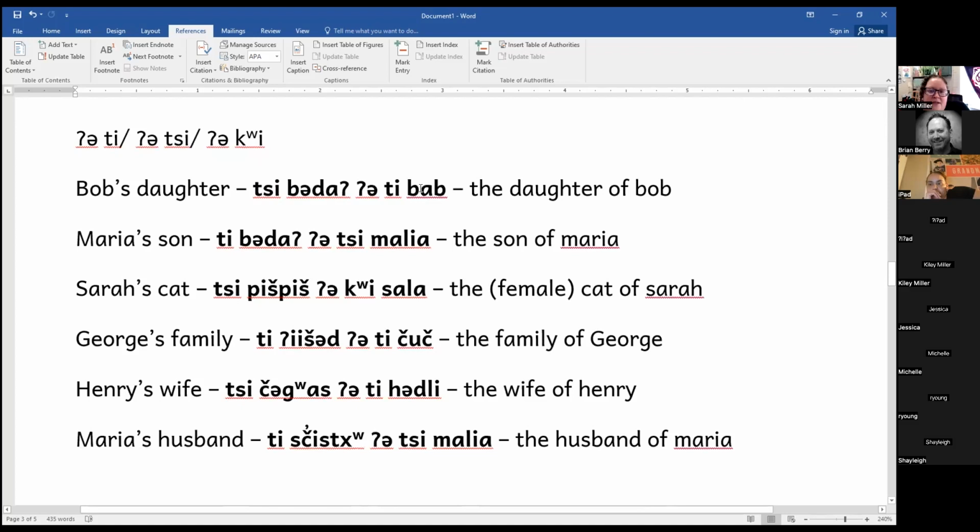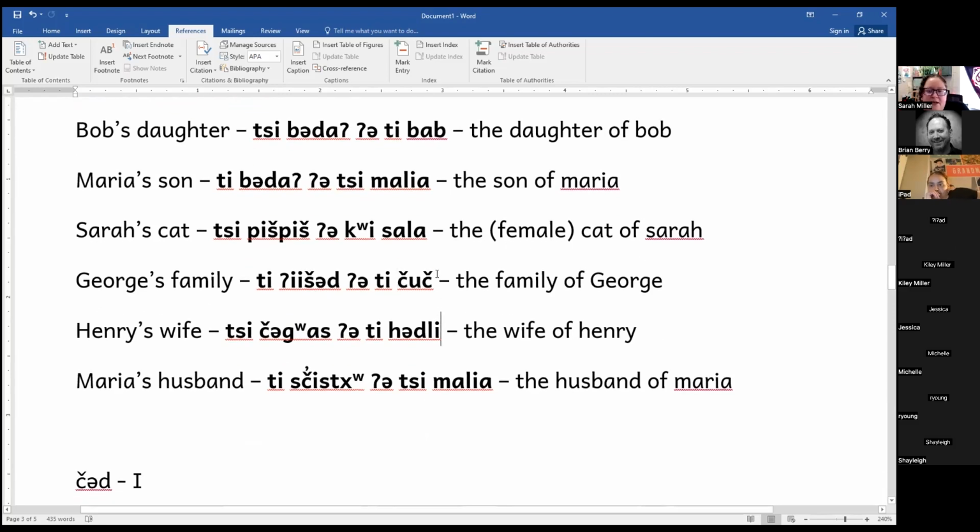Si bada, utti bob. Ti bada, utsi malia. Si pish pish, utqui sala. Ti e shed, or a shed, utti chooch. Seriously, somebody have a baby and name it Chooch. That'd be great. Si chiguas, utti hudley. And T east, utsi malia.